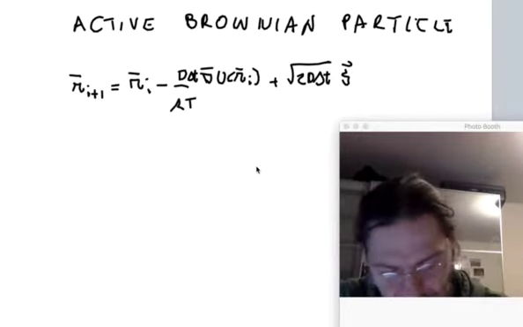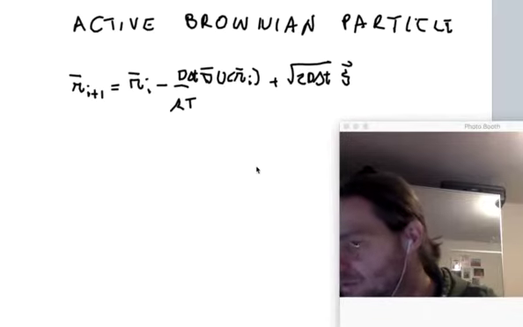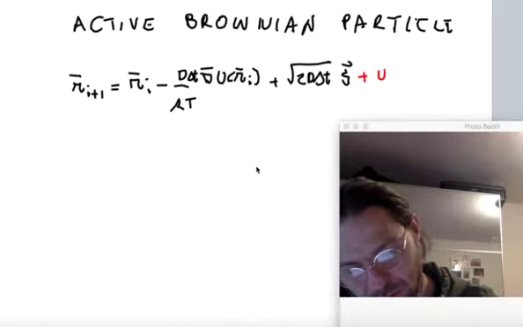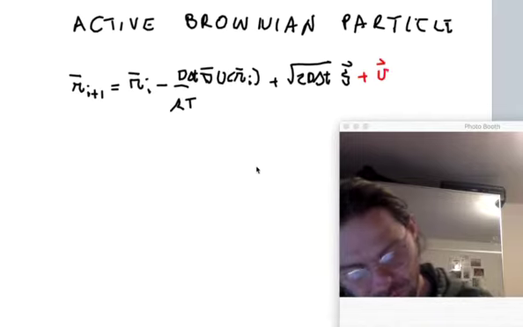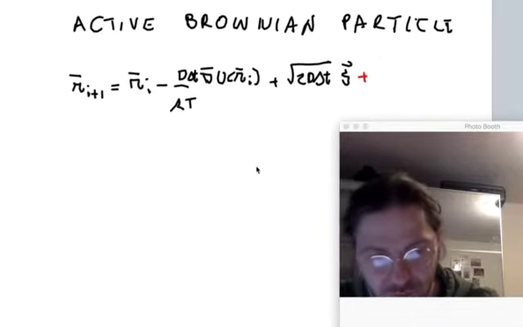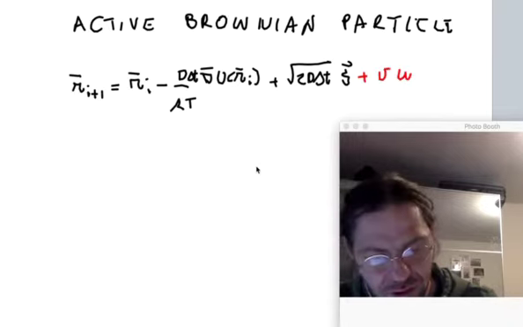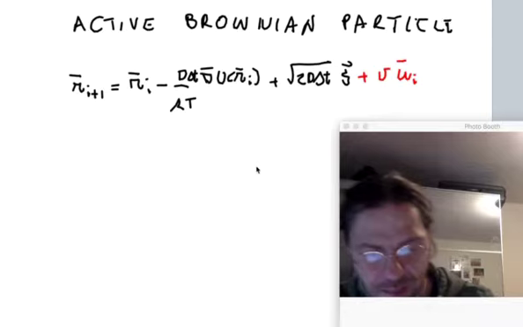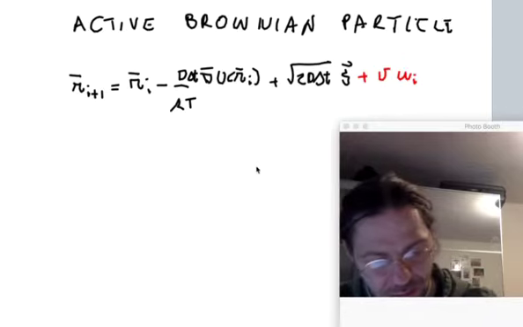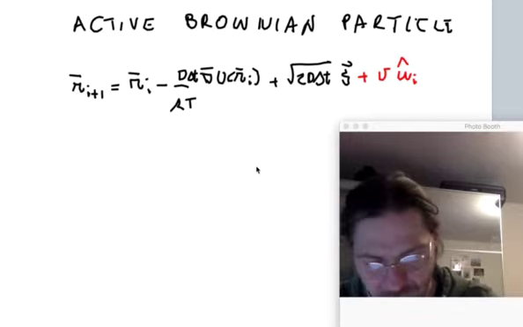But in addition to that, you have a driving force which is taking care of the fact that you have an internal propulsion system. So v is a scalar called the drift velocity, u is a unit vector at time i, which is basically a versor telling you in which direction you get a propulsion. I will show it in a minute.